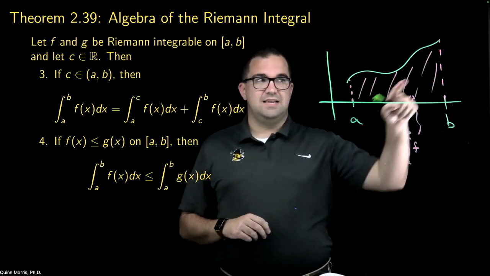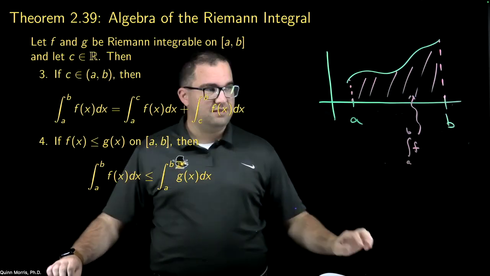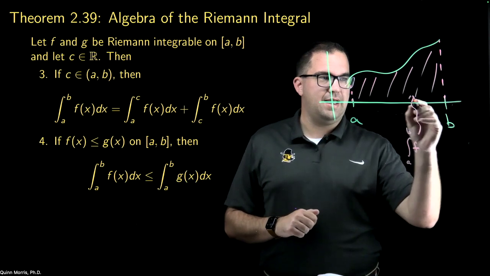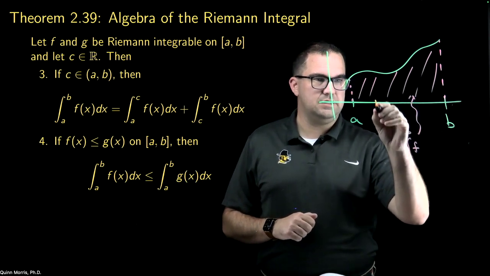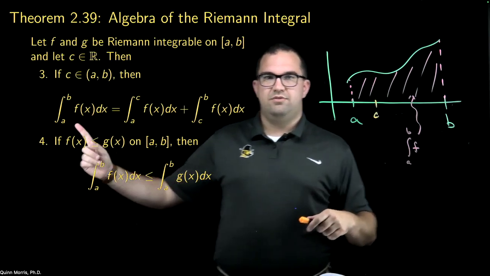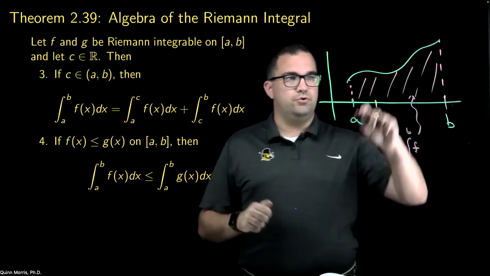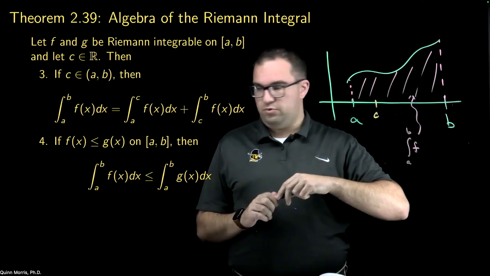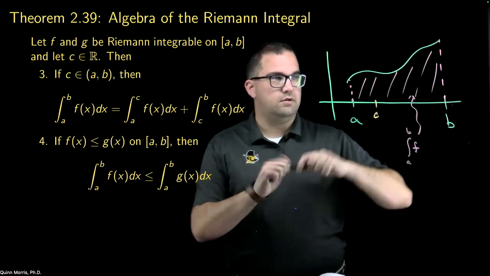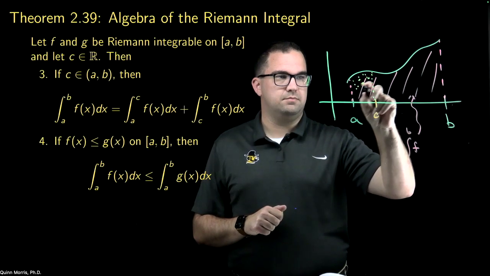And what this is saying is that if this integral exists, and I take any value c between a and b, so let's say I pick c maybe right here, then the integral from a to b of f is equal to the value of, maybe I'll put some dots in here.